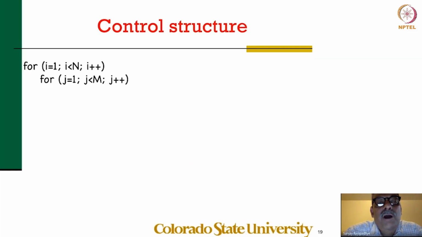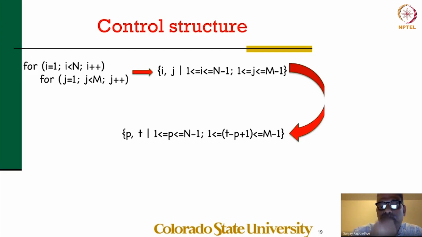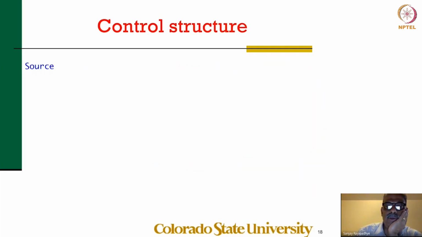So you had for i equals 1 to n minus 1, j equals 1 to m minus 1, right? Let us write this as a set of constraints ij, such that, I'm just writing the inequalities. Now this is the transformed space. Here I am going to go back a few slides and talk about this.